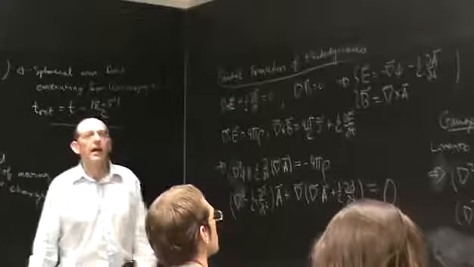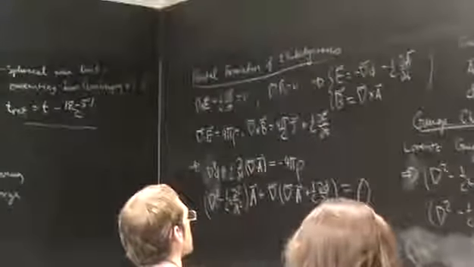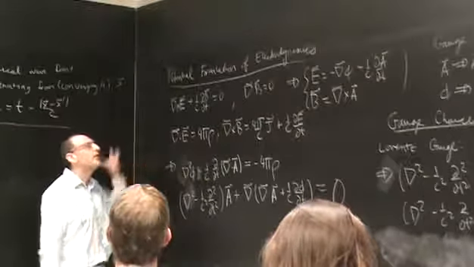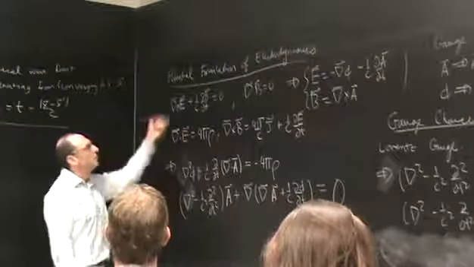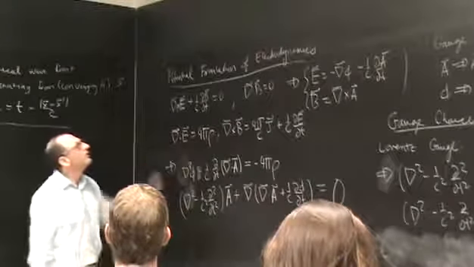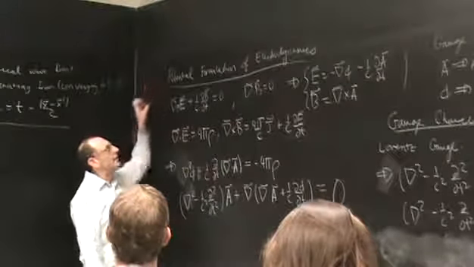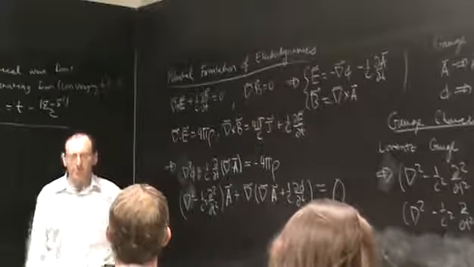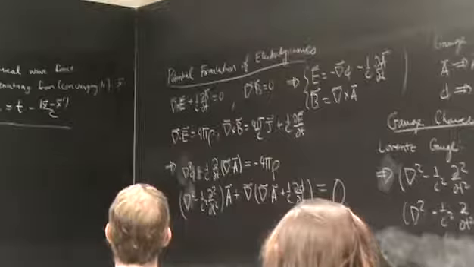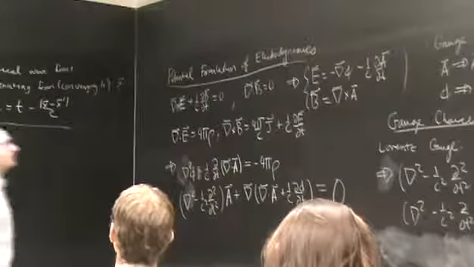Okay? And so we're looking now for general solutions to Maxwell's equations. And to do that, what we do is we formulate things in terms of the potentials. We solve for the potentials given a certain source, and then find the fields from the potentials.